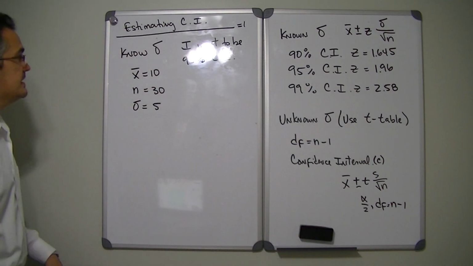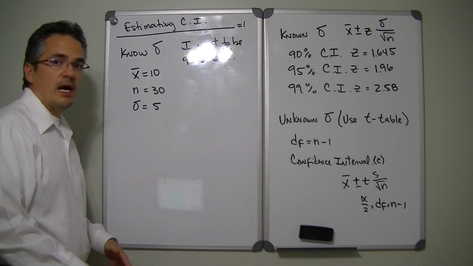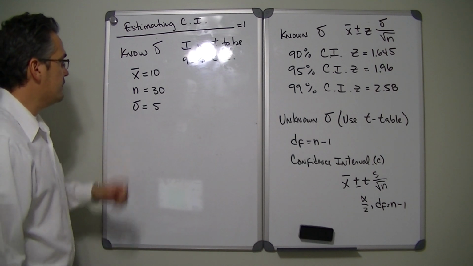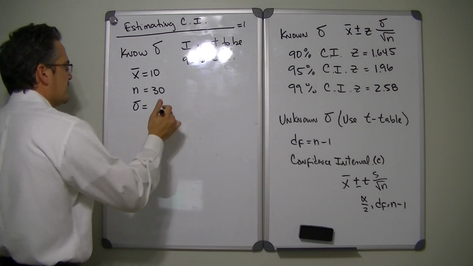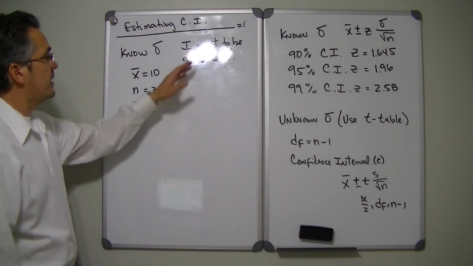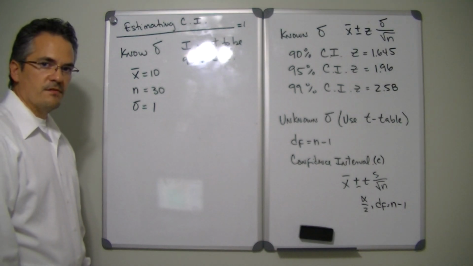Again, the example will say something like, imagine that you did a study, you have a mean of 10, a sample size of 30, a standard deviation, actually this 5 is too large, let's put something like 1. And let's say I want to find a 95% confidence interval for this information.